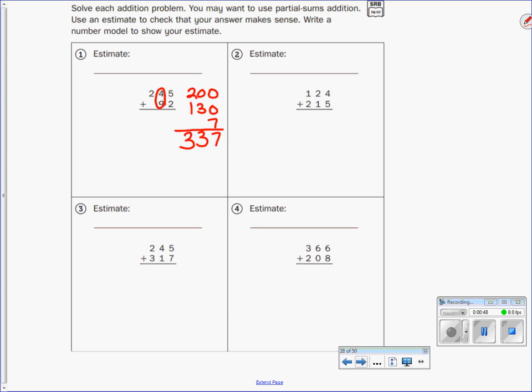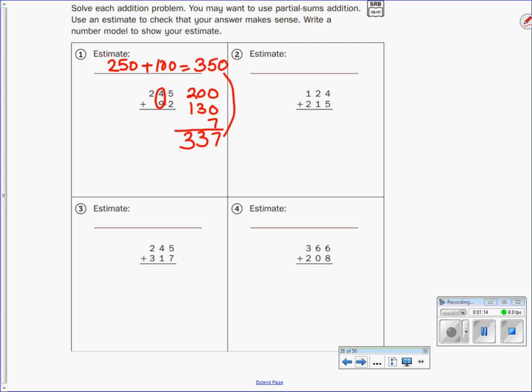If I were to estimate this, I could say 250 plus 100, and that would give me 350. If I look at that, it is close to 337, so an estimation of 350 would be a good one.